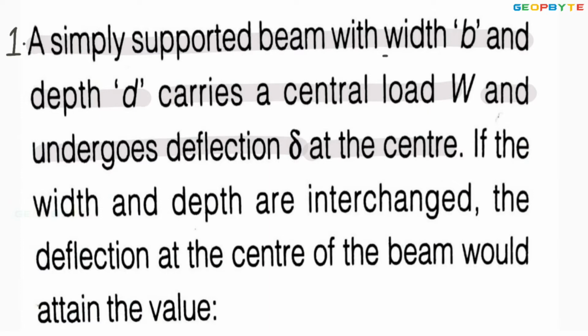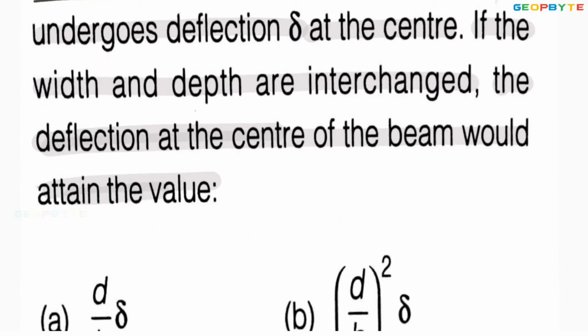Width of the beam is given B and depth is given D. If the width and depth are interchanged, the deflection at the center of the beam would attain what value?